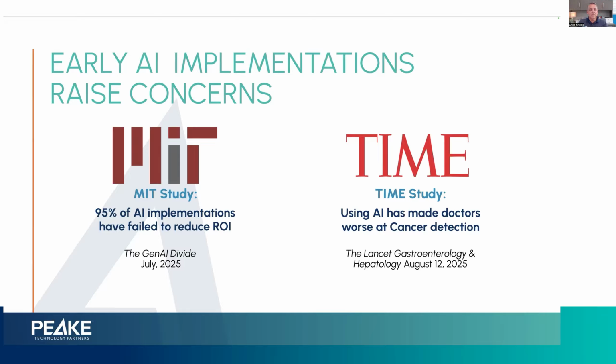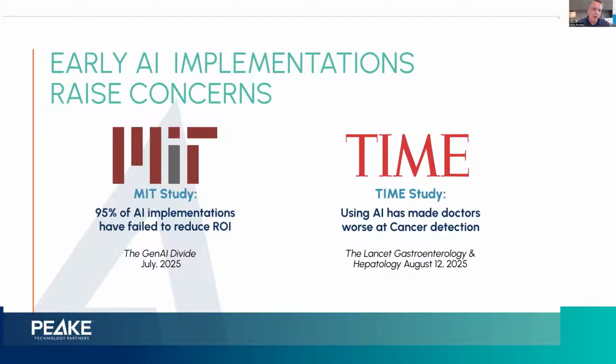But there are a couple of studies recently, an MIT study that says that 95% of AI implementations have failed to really show a return on investment. It's early. And we know there are some early adopters of technology that are going to have some of these types of challenges. But in our practices, where every day, every minute, every dollar counts, we really want to do things to reduce those missteps.